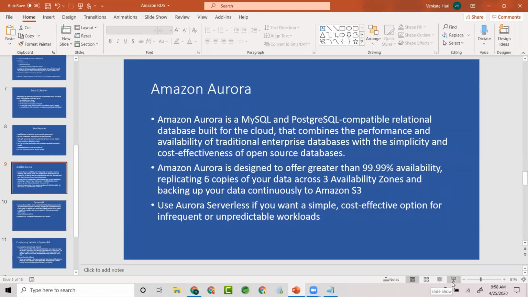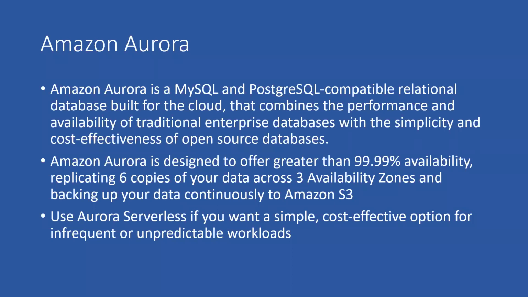Thank you. So out of 6 database engines, Amazon's own Aurora is one of them, and Amazon Aurora is an interesting database in a lot of aspects. So what they did is they have taken community databases, open source databases like Postgres and MySQL, and they made them like the commercial databases like Oracle and Microsoft SQL Server.